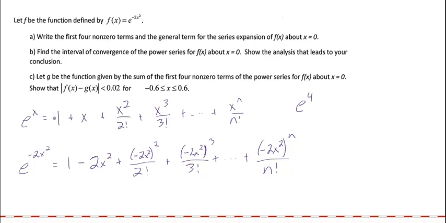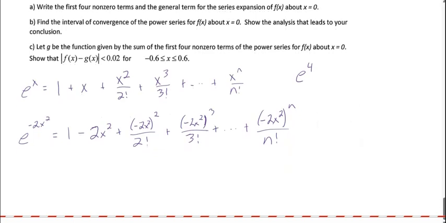So that's an answer. We can simplify this. It might be multiple choice. This is 1 minus 2x squared plus, all right, so look, when I square this term, the negative gets squared out because it's an even exponent. The 2 goes to a 4, and then the x squared gets squared. That becomes x to the 4th over 2 factorial.